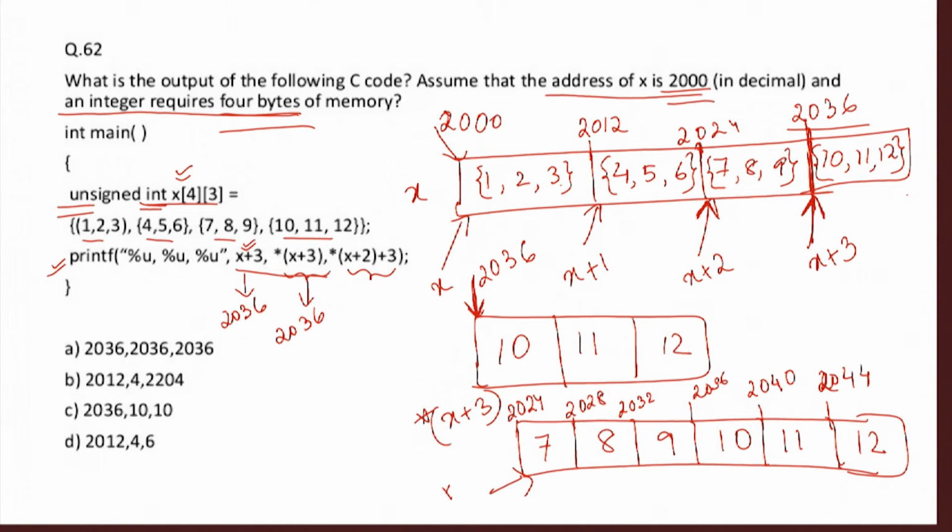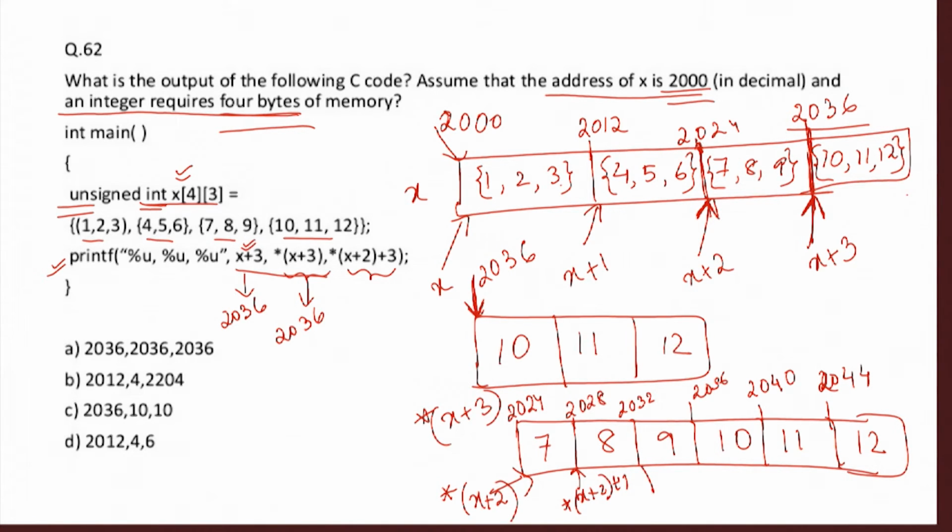So this is pointer x plus 2. What is this location? It is pointer x plus 2 plus 1.